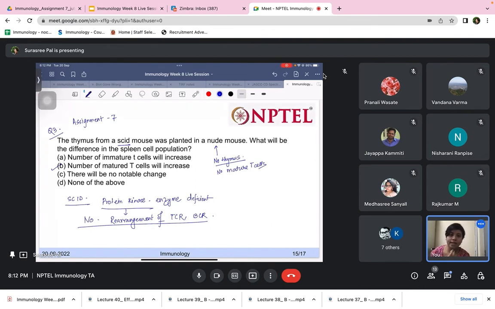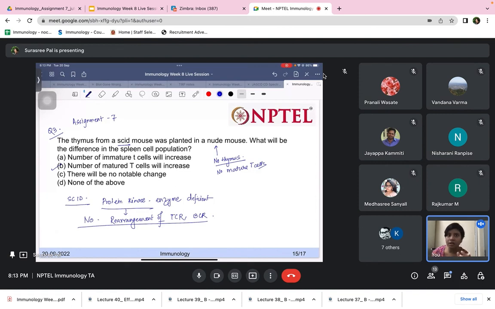So in the SCID mouse, both the B cells and the T cells are not active, they cannot mature. So how will the thymus of that SCID mouse help if it is transplanted to the nude mouse? The SCID mouse has everything normal from the thymus to bone marrow, but the deficiency lies in the protein kinase enzyme.